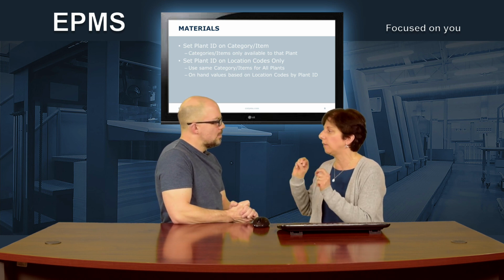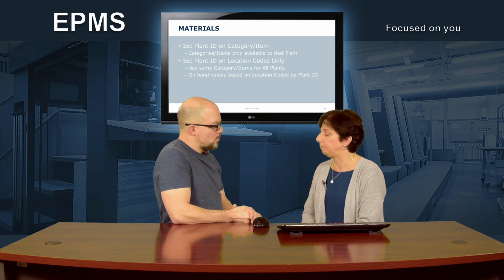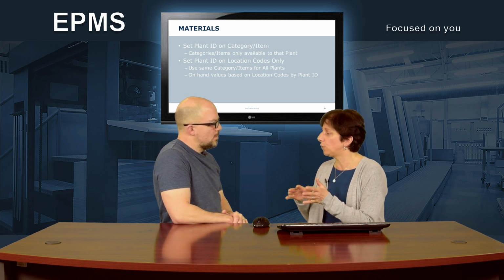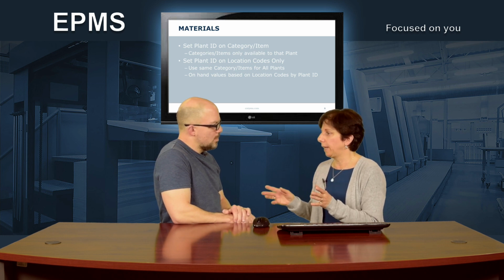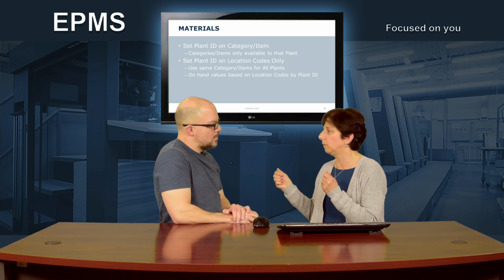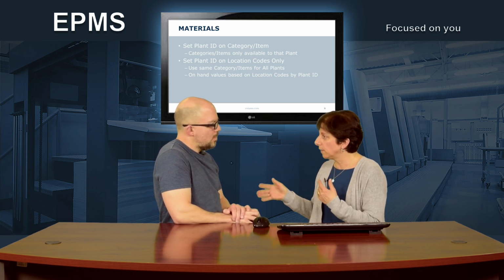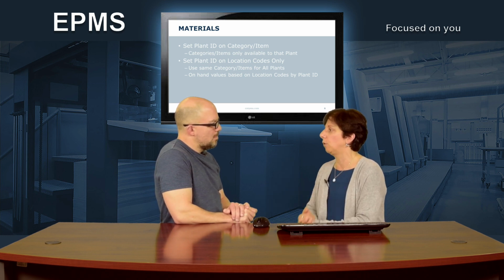So if they do different things and they deal with different materials, then that may be how you want to set it up. Or even if they use the same materials, you may want to set up different items for the different plants, because a lot of times they get different pricing from the vendors because of their volume. Right. So in that case, if the pricing is going to be different, then again, you probably would want to set up 2 different items and assign them to those plants.